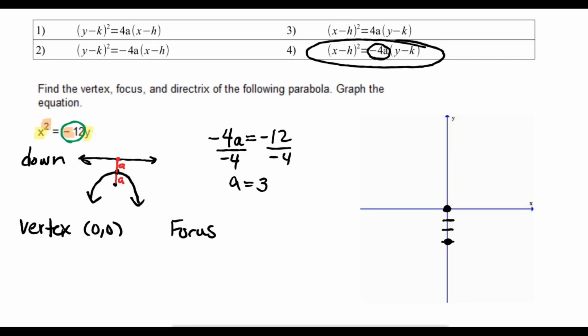So my focus is the ordered pair 0, -3. And my directrix will be 3 up from that vertex, and it's going to be a horizontal line. So that's going to be y equals 3 for my directrix.